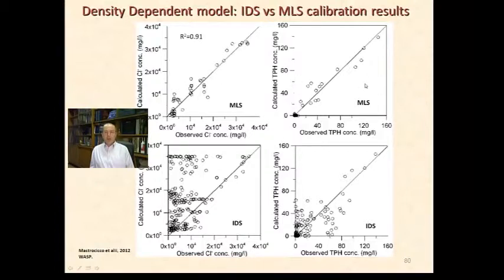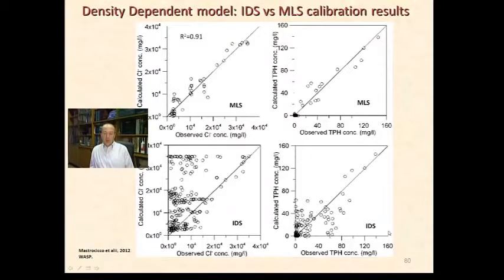What about the results about the total petroleum dissolved hydrocarbons? It's the same. If you look at the multi-level system, the transport model we realize has good results. It's in good agreement between observed and calculated values.